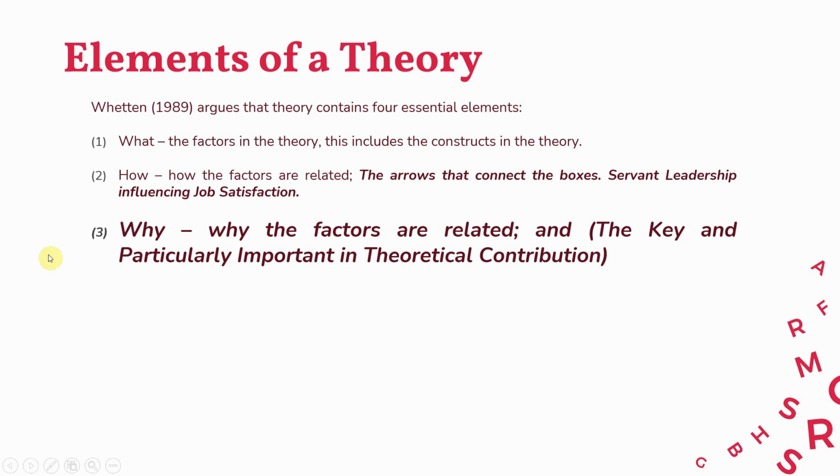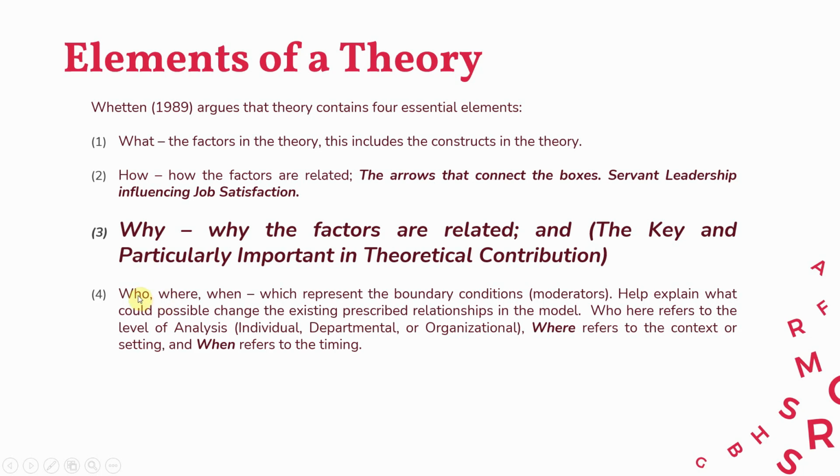If you are not identifying the why aspect and you are identifying the what aspect or how aspect, still your research will be weak. In order to strengthen your research, you will have to explain the why aspects. Why the factors are important, why the factors are related, why should we study these factors?